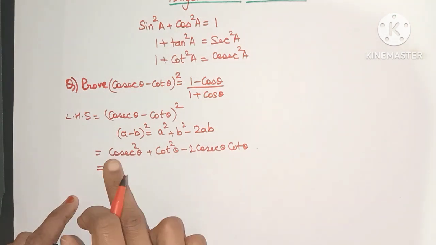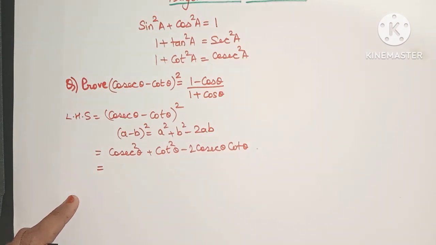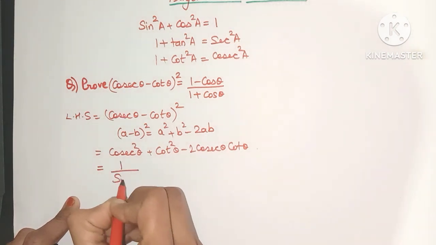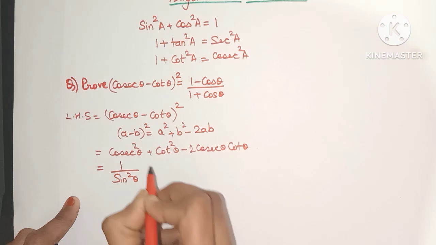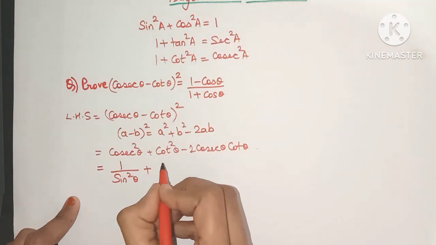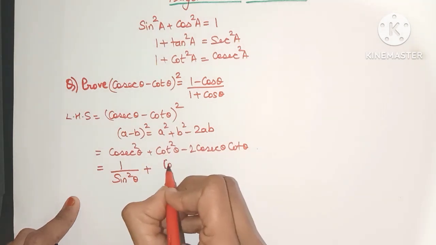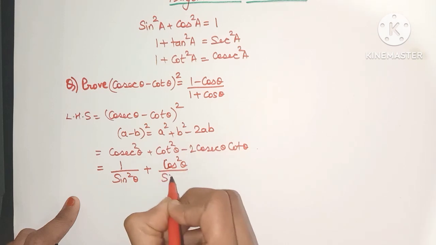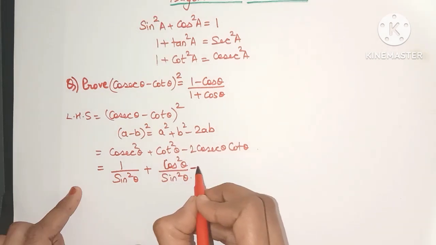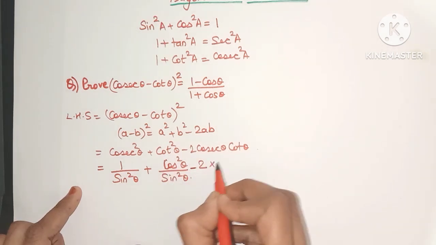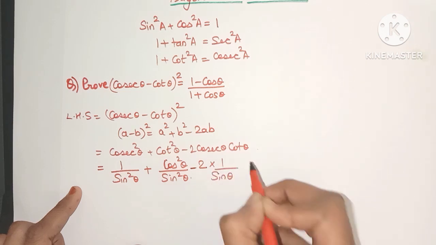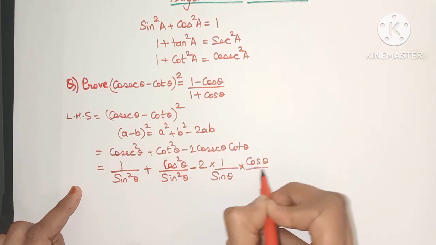Now, if you recall, what is cosec theta? It is 1 by sine theta. So let me write it over here. Let's not forget the square. What is cot theta? Again, it is nothing but cos square theta by sine square theta. Okay. Now I will write again cosec theta as 1 by sine theta, cot theta as cos theta by sine theta.